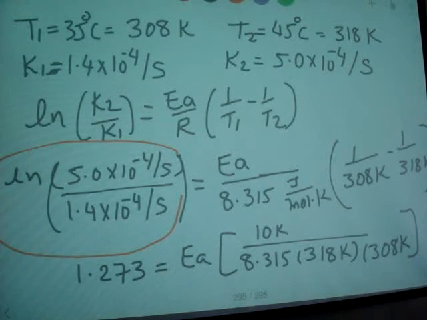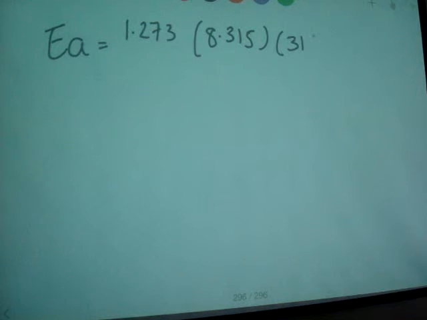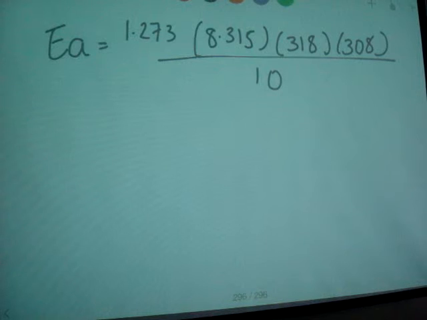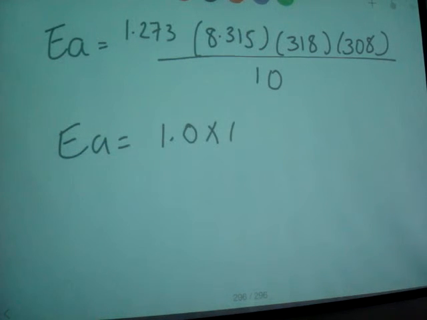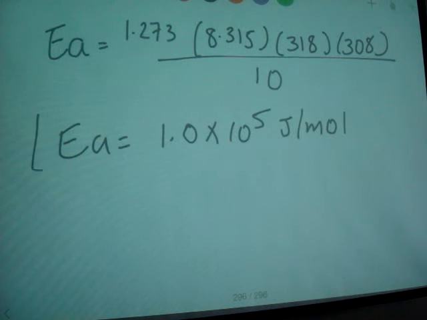Ea equals 1.273 times 8.315 times 318 Kelvin times 308 Kelvin divided by 10 Kelvin. When you calculate, you get an activation energy of 1.0 times 10 raised to 5 joule per mole.